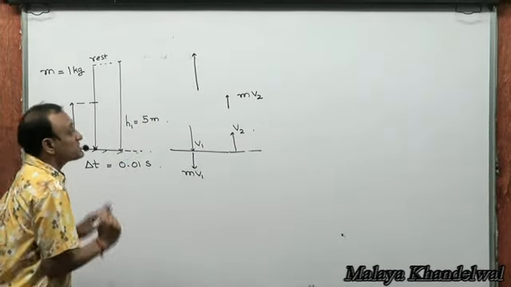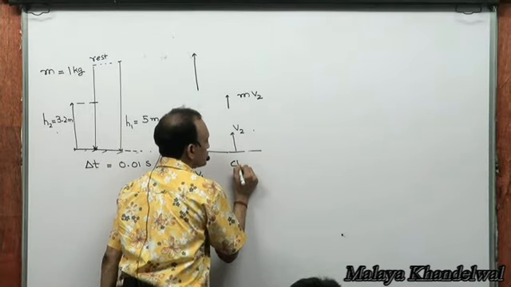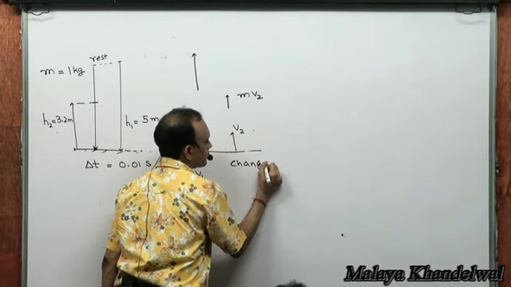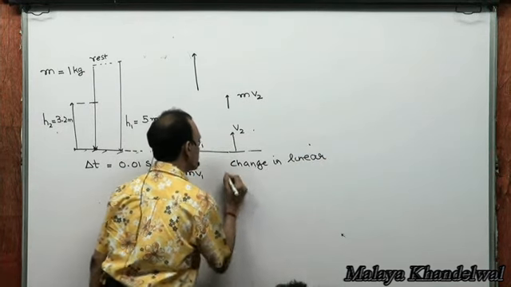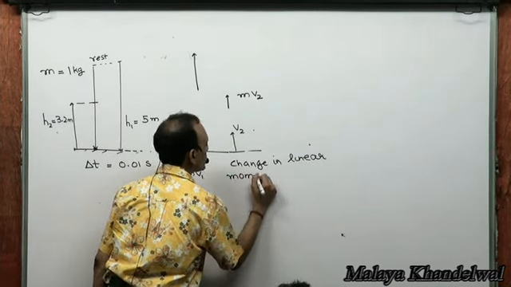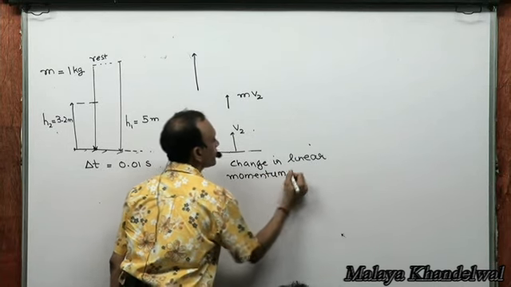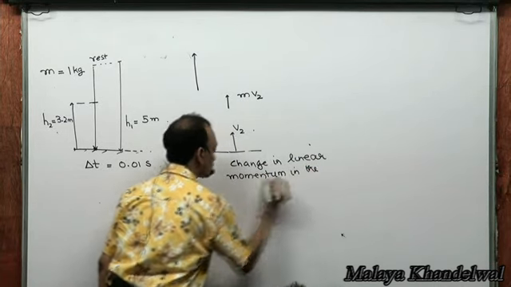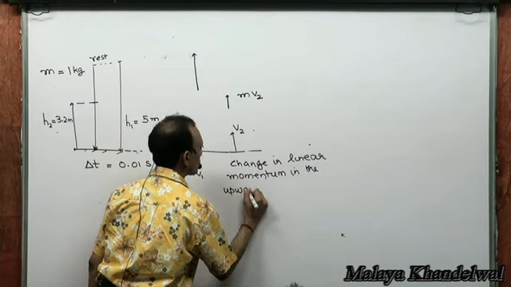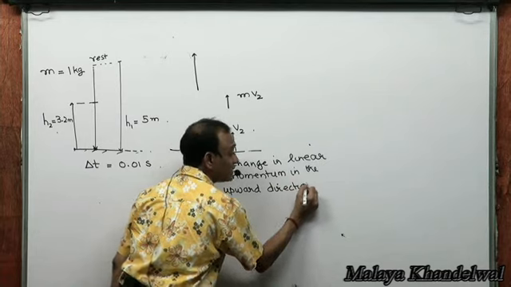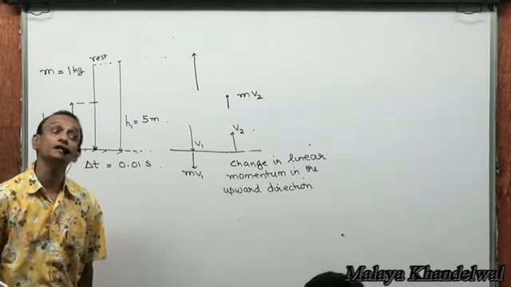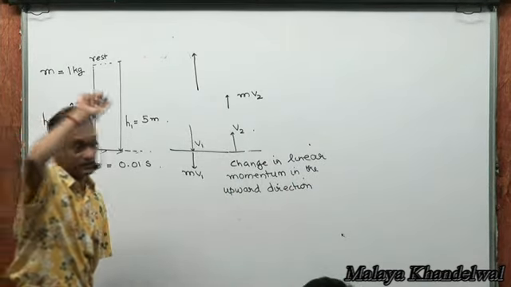Now, what is the change in linear momentum? Change in linear momentum in the upward direction is final linear momentum in the upward direction minus initial linear momentum in the upward direction.